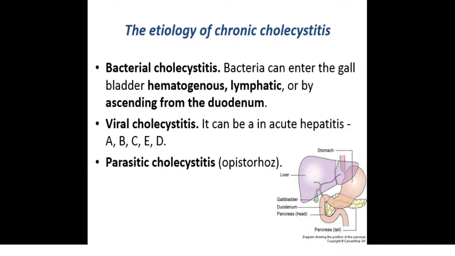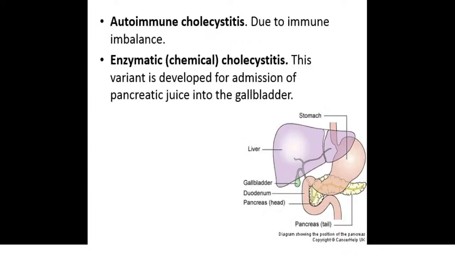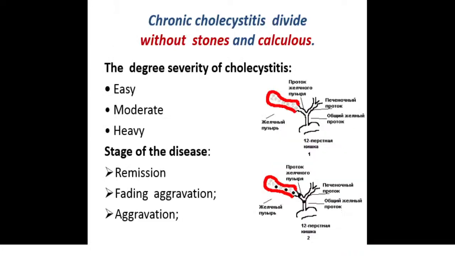Maybe parasitic cholecystitis, and maybe autoimmune, which is very rare. Also enzymatic cholecystitis: this variant develops from the admission of pancreatic juice into the gallbladder, and then inflammation of the gallbladder. Chronic cholecystitis is divided into without stones and calculous.